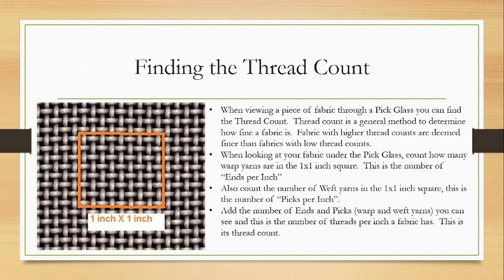However, most experts agree that you can't tell by feel any discernible difference once you get above 400 threads per inch. The bedding industry has gone a little bit crazy, and you'll see 1,000 threads per inch, these crazy numbers. But that's a bit of a marketing gimmick.